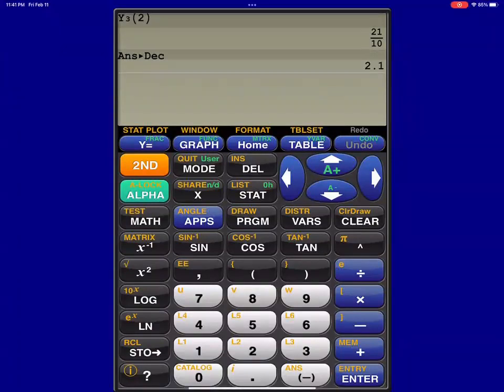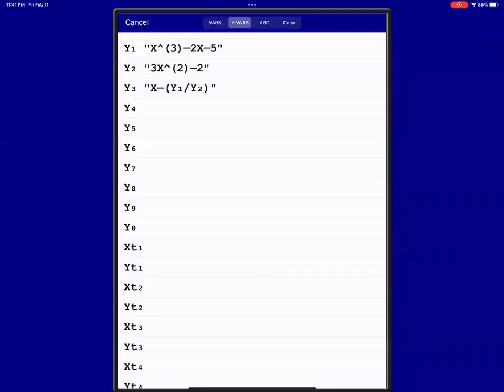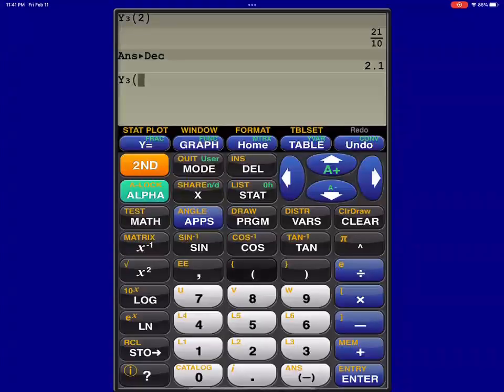Now you are going to take that answer and you are going to plug it into y3. Right? So you do this for VAR, YVAR, and y3. Then you hit the answer in the previous step. The answer is the last line in your graphing calculator, which is in yellow. So click on second and this negative symbol.